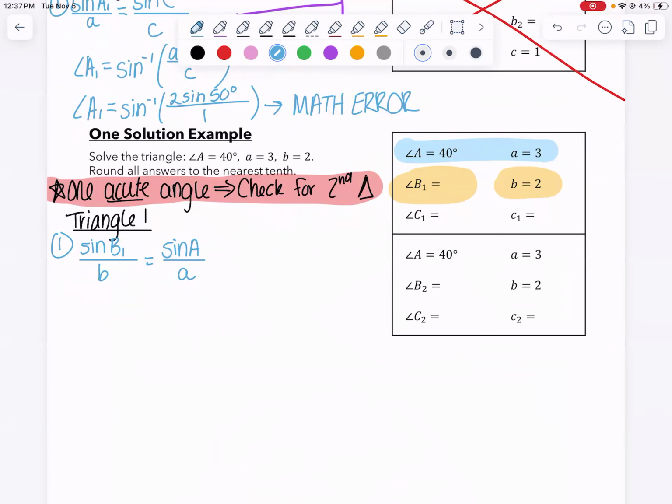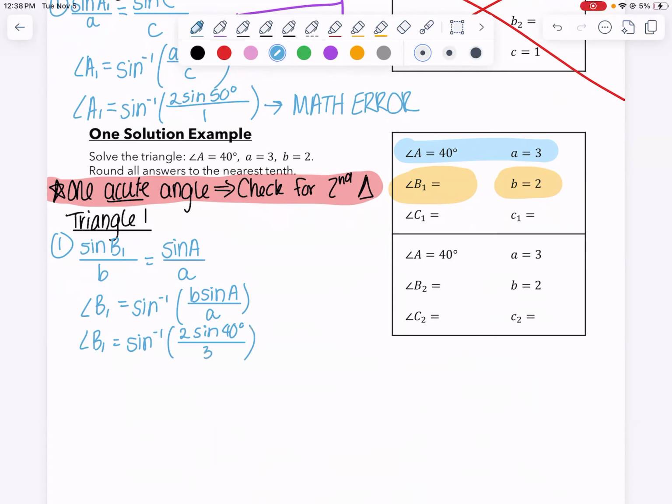Rearrangement, just like we did in the last problem, angle B1 is equal to sine inverse of B sine A, all divided by baby A. So baby B is 2, angle A is 40 degrees, baby A is 3.